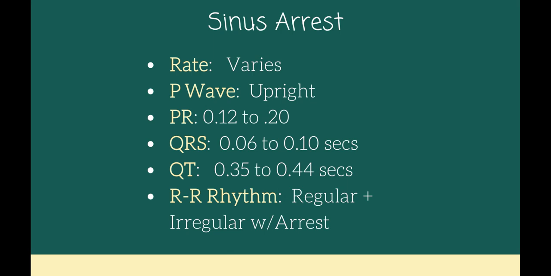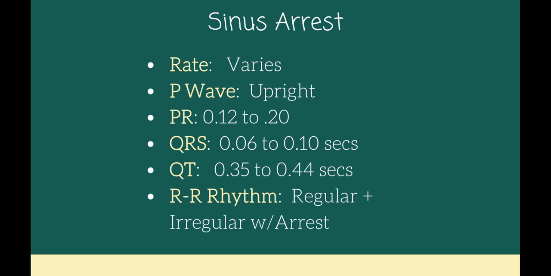All right, so this is our sinus arrest, and it's similar to a sinus exit block, but it's usually longer. Sinus arrest and sinus exit blocks are our pauses. With sinus arrest, the rate is going to vary. The P is going to be upright.